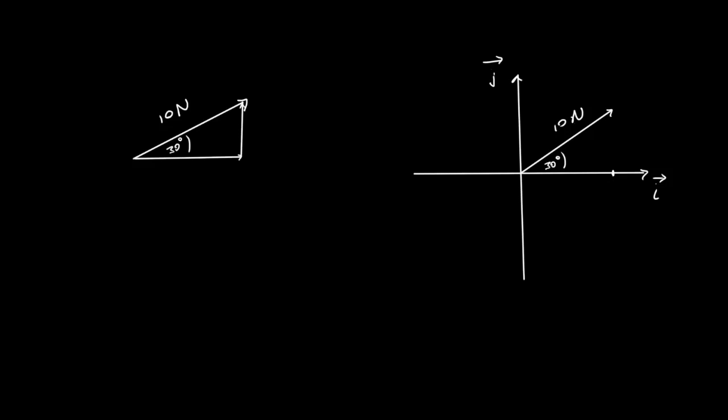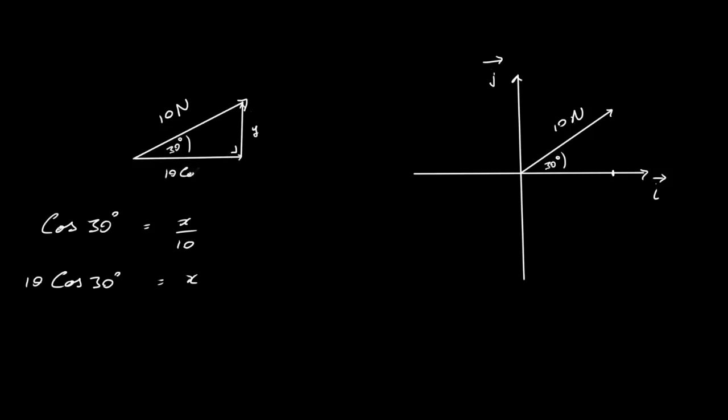Now, if we take that this is a right angle here, what we can do then is look at the cos of 30 degrees, which is going to be this component here. Let's call it x and let's call this y for the moment. The cos of 30 degrees is going to be x over 10. So in other words, x is just going to be 10 cos 30.